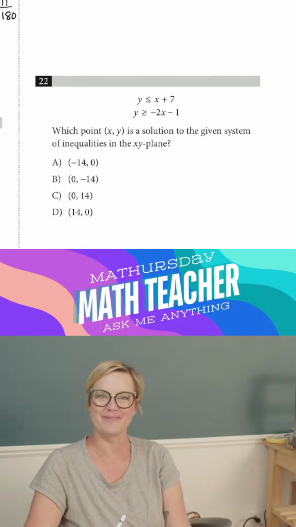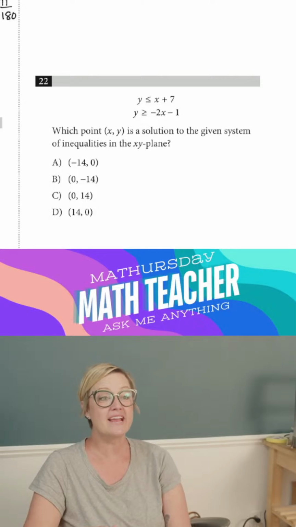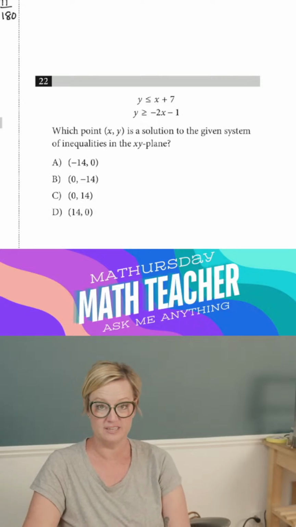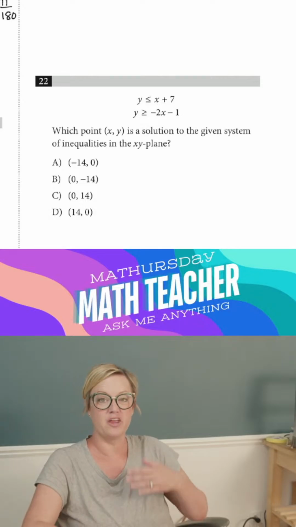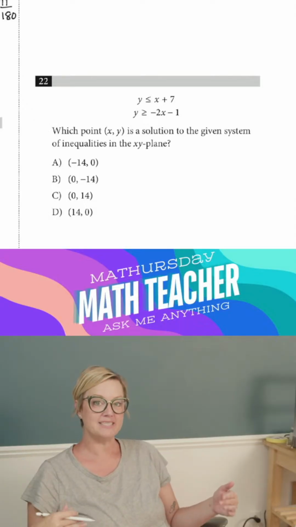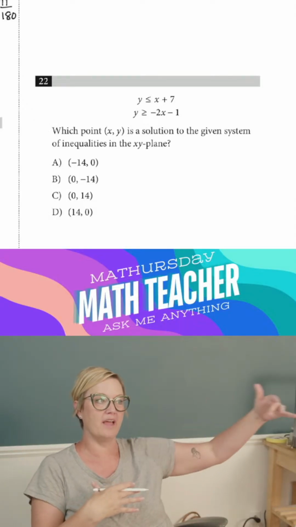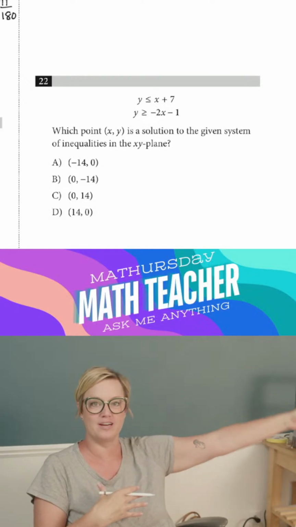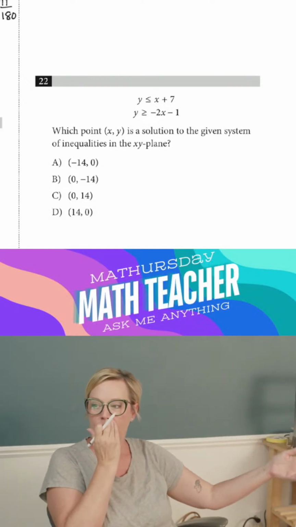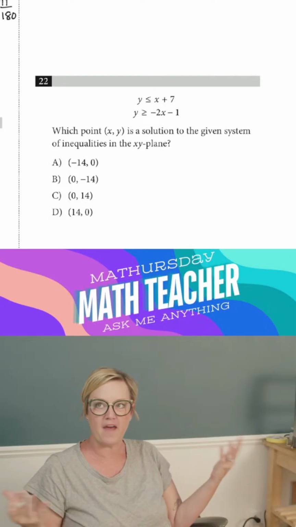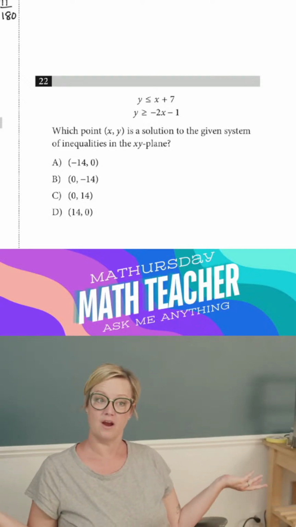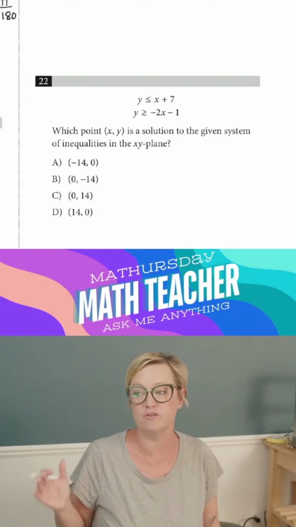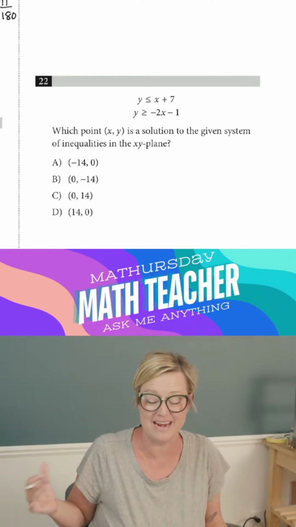Going back to those very basic things after learning all the way through the shell method and differential calculus, going back to factoring a polynomial or a trinomial can be really hard if you're out of practice, right?